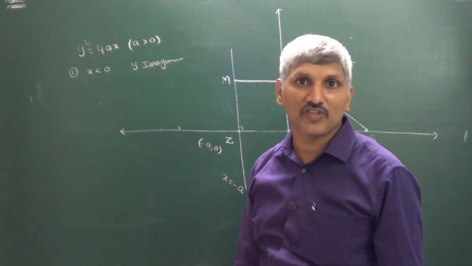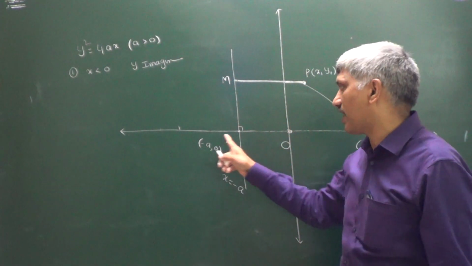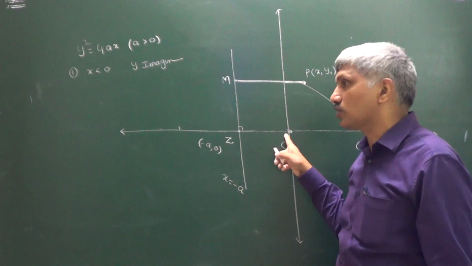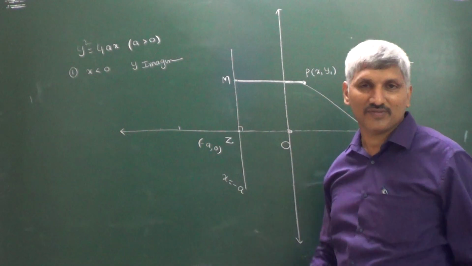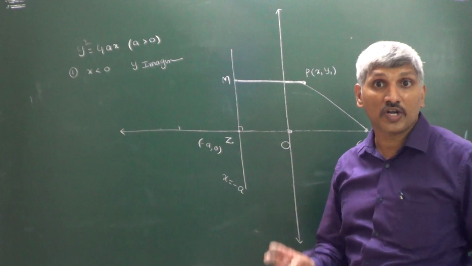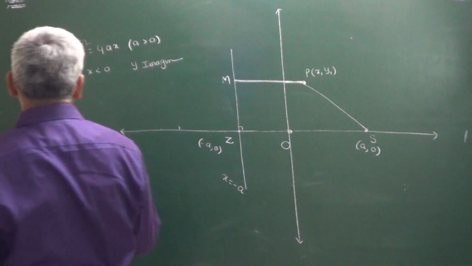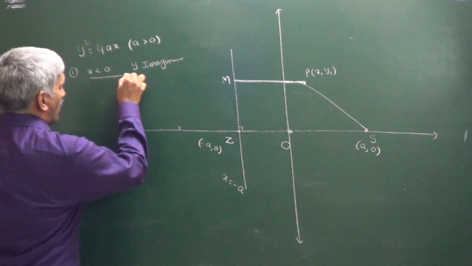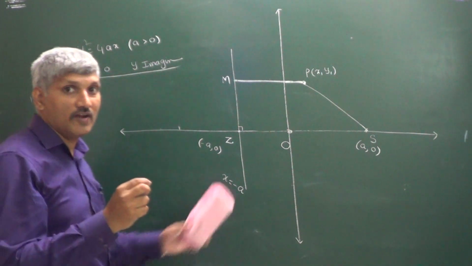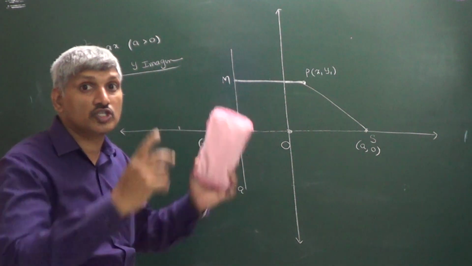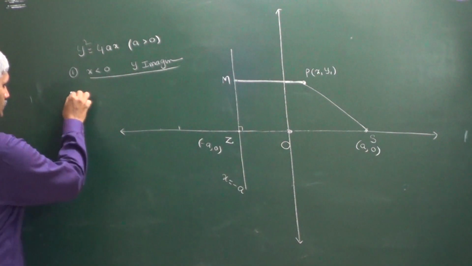What is the meaning of that? For negative values of x, you won't get a graph. So that is the reason there is no graph to the left of the y-axis. To the left side of the y-axis there is no graph, right?